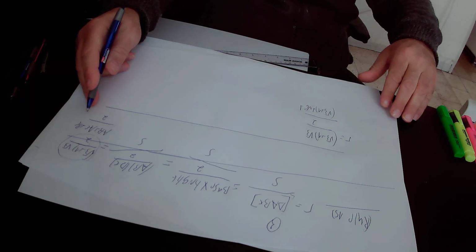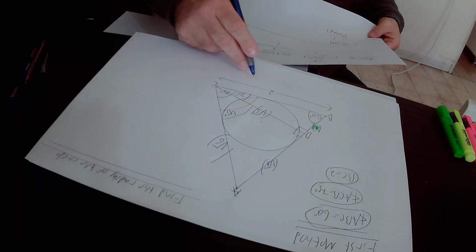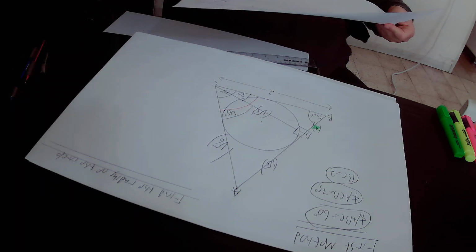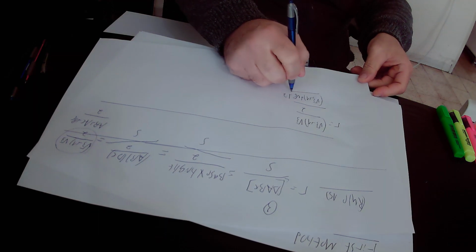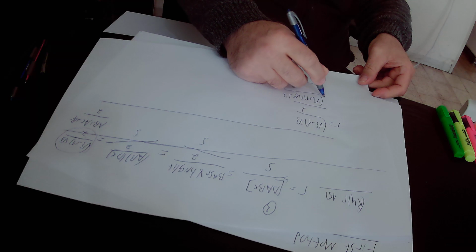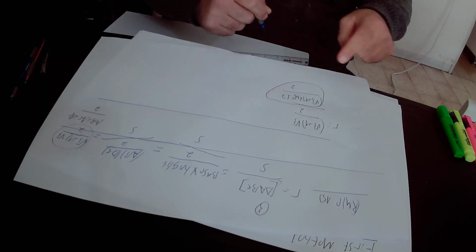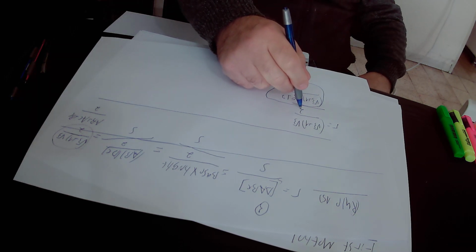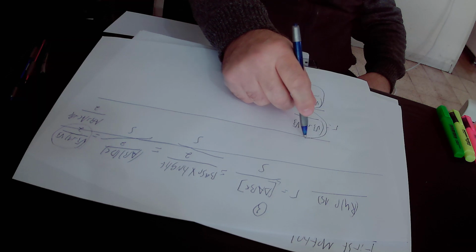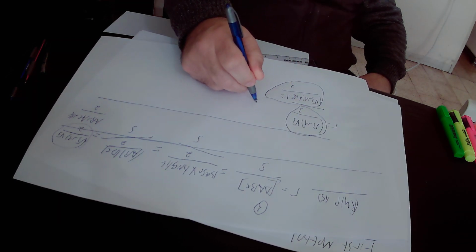plus BC. BC equals 2 units according to what is given as the equation, so it is plus 2, all divided by 2. So actually this expression in total is equal to the semi-perimeter S of our triangle ABC, and this expression in total is equal to the area of triangle ABC.